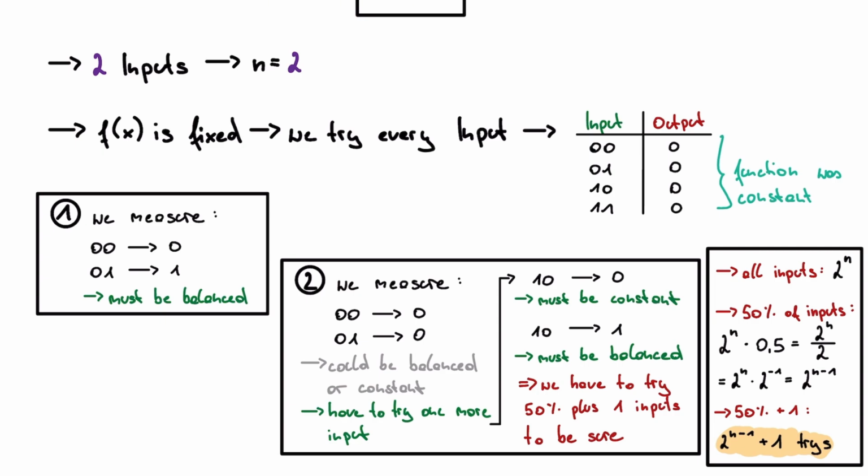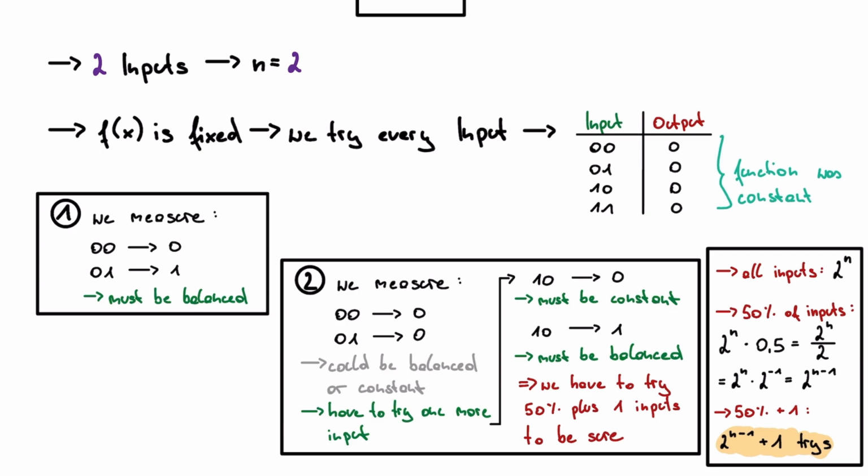50% of that is 2^n times 0.5, or just 2^(n-1). And 50% plus 1 is 2^(n-1) + 1. So that's the maximum number of input-output tests we need to run to be absolutely sure whether the function is constant or balanced.